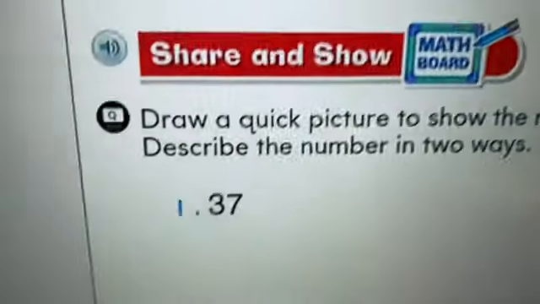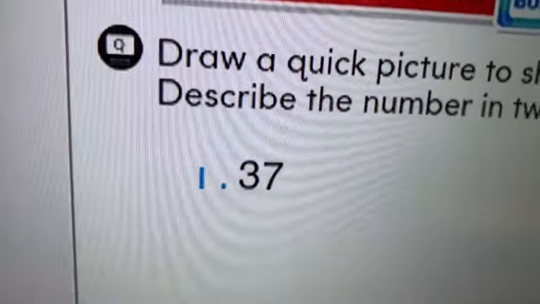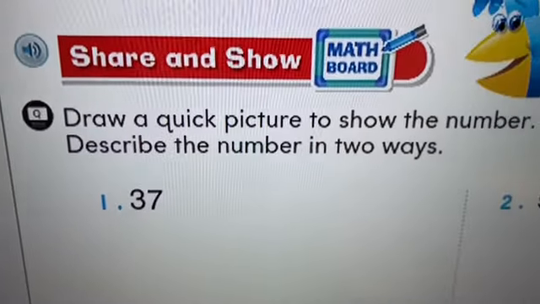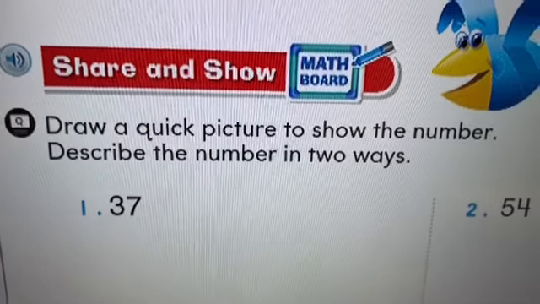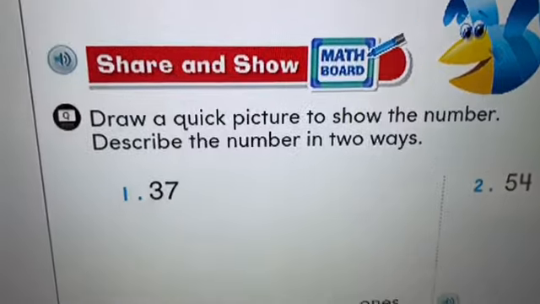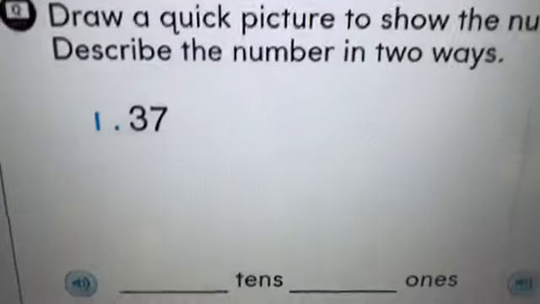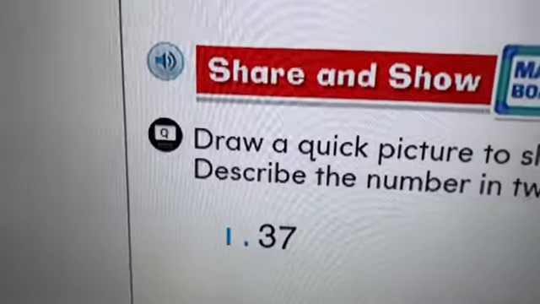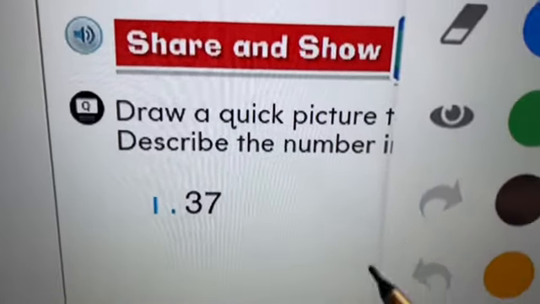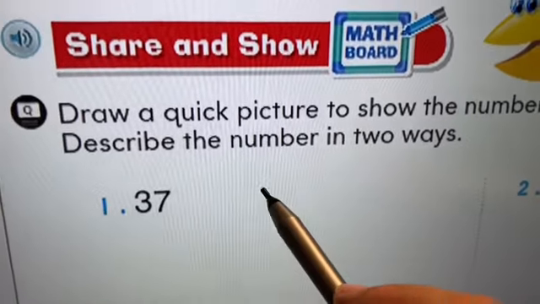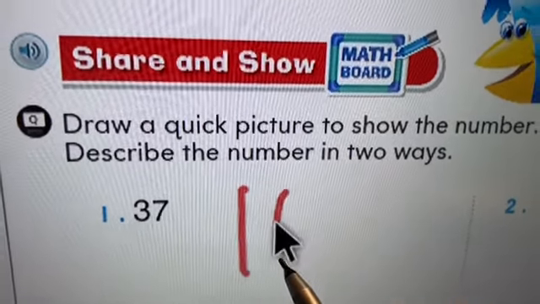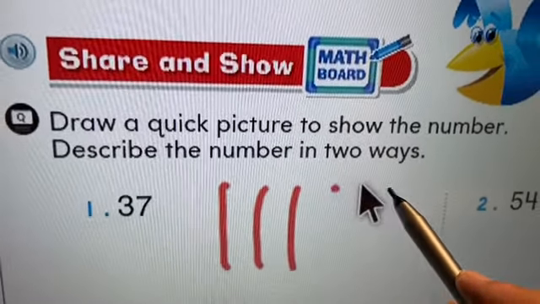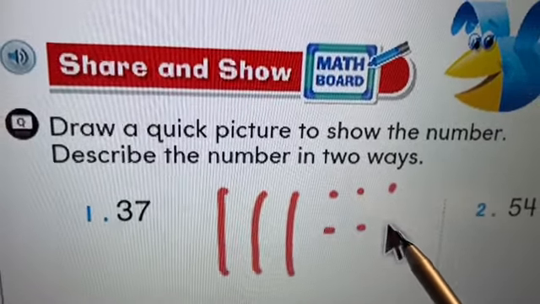Okay, so let's look down here. The number we have is 37. It says draw a quick picture to show the number described in 2 ways. So in a picture, you could do this. There's 10, 20, 30, 31, 32, 33, 34, 35, 36, 37.